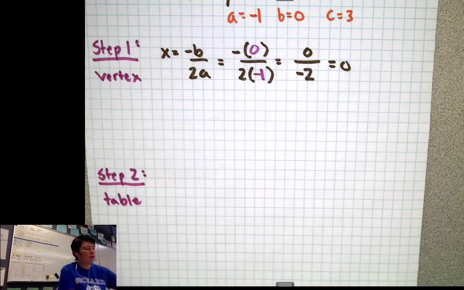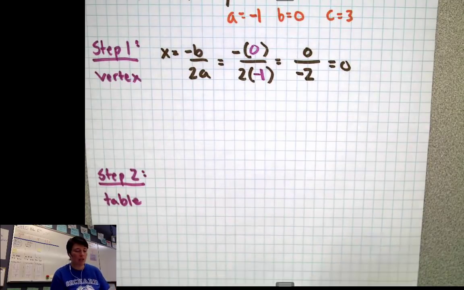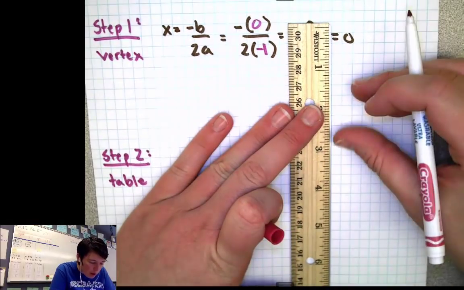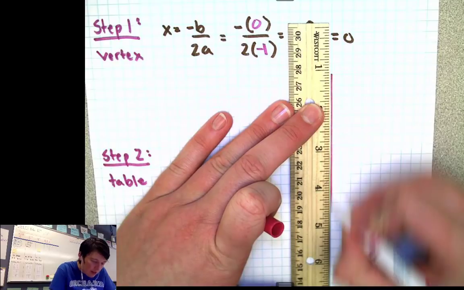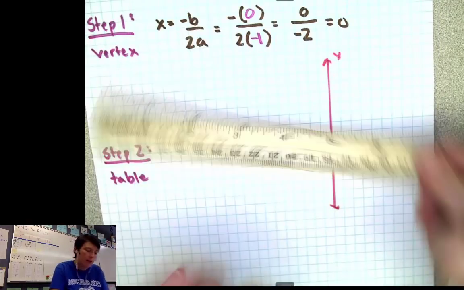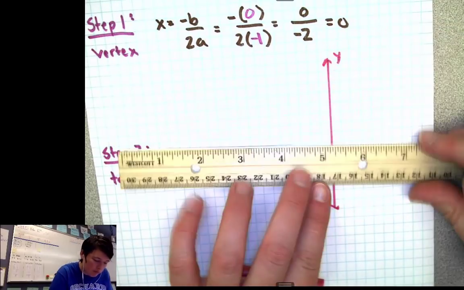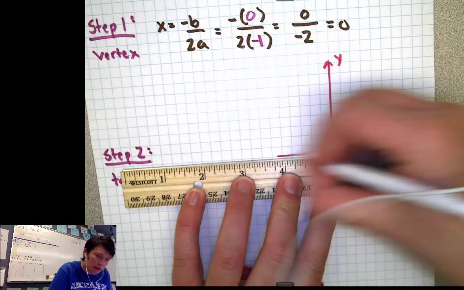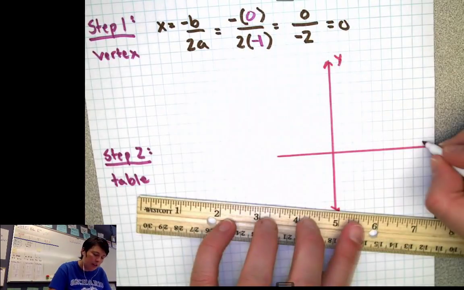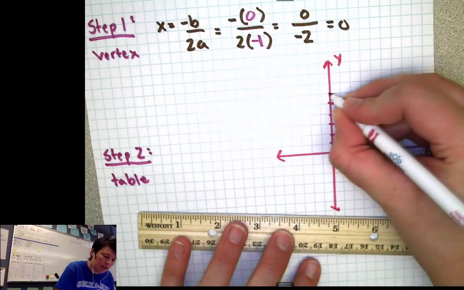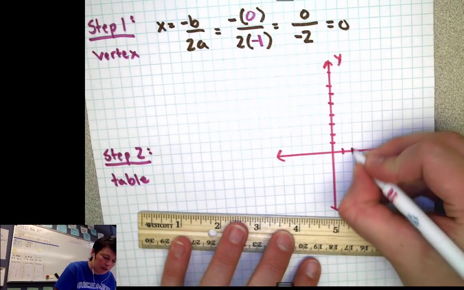So before we build our table, why don't we start setting up our graph a little bit here? I think that's the next best step. So let's see, I'm going to put a y-axis over here, something like this. I'm going to put my x-axis just through the middle somewhere, like here. And real quick, just put on a scale. It's just easier to get all these numbers on here ahead of time.